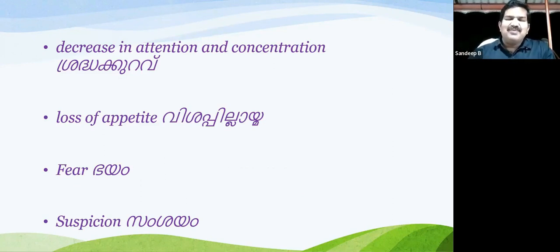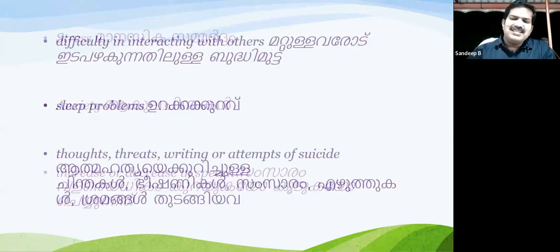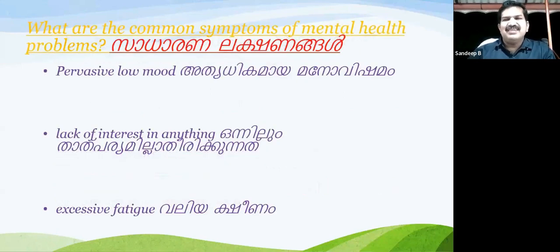There can be varying presentations, but I'm enumerating the main symptoms. So decrease in attention and concentration, loss of appetite, fear, suspicion, all those things can be there in depressive symptoms. And the opposite of depression is mania, and a milder form of mania is hypomania. In mania, the opposite of all these are there.